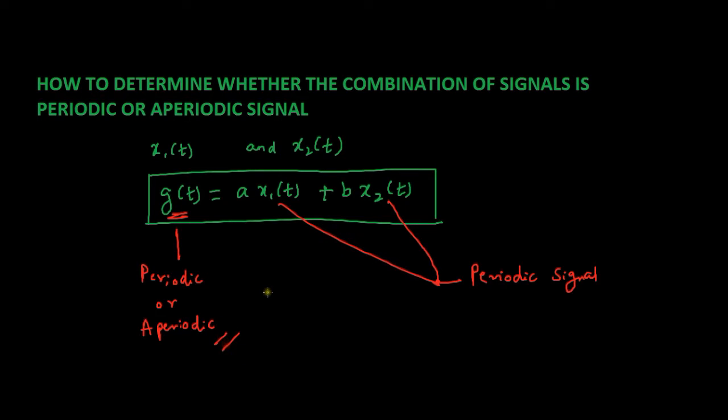So let's see with an example how to find out whether this linear combination of x1 of t and x2 of t is periodic or aperiodic. If it is periodic, we'll find out the period of this g of t. I will give you a trick to find out whether this g of t is periodic or aperiodic.